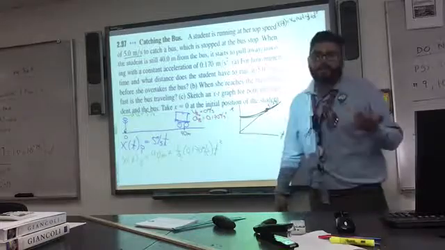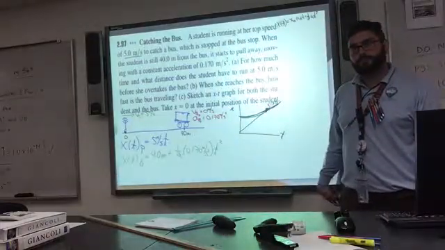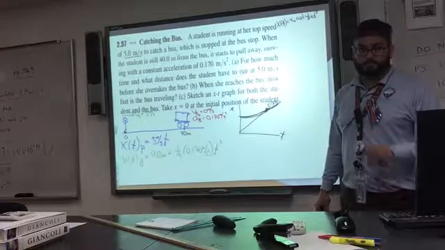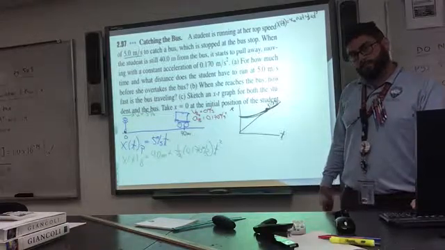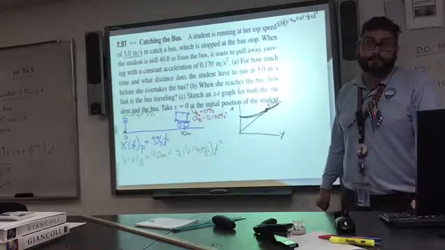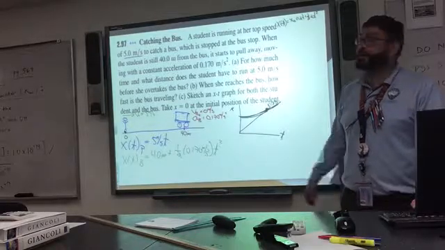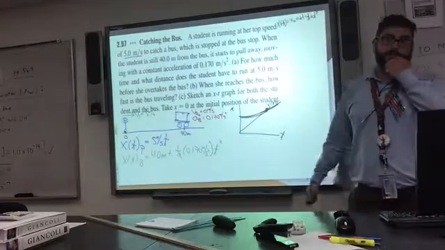Oh yeah, okay. If you want to integrate the velocity functions, you can. For the girl it's easy. For the bus it's an acceleration, so you take the second order integral. Yeah, you can do that. It's not terrible. But this is why we did all of this work in the beginning of the semester.